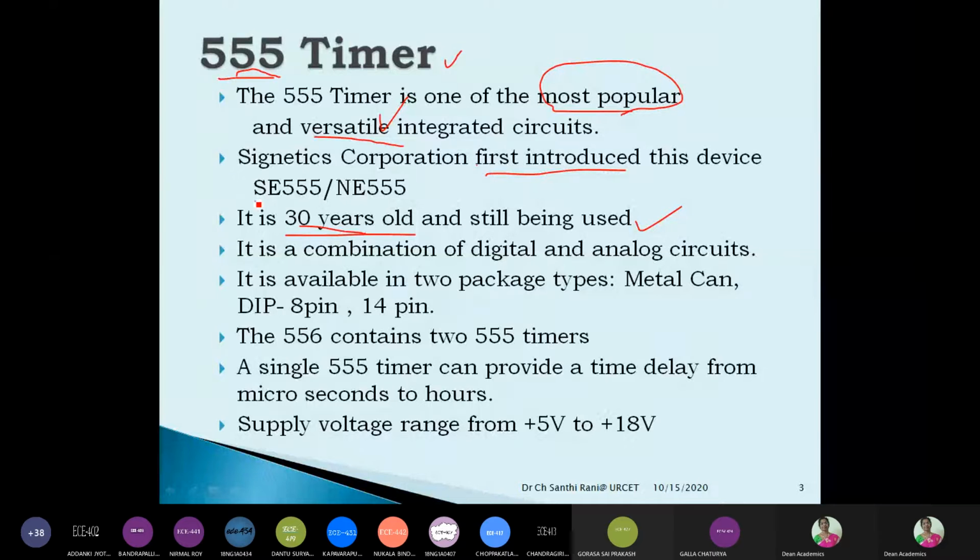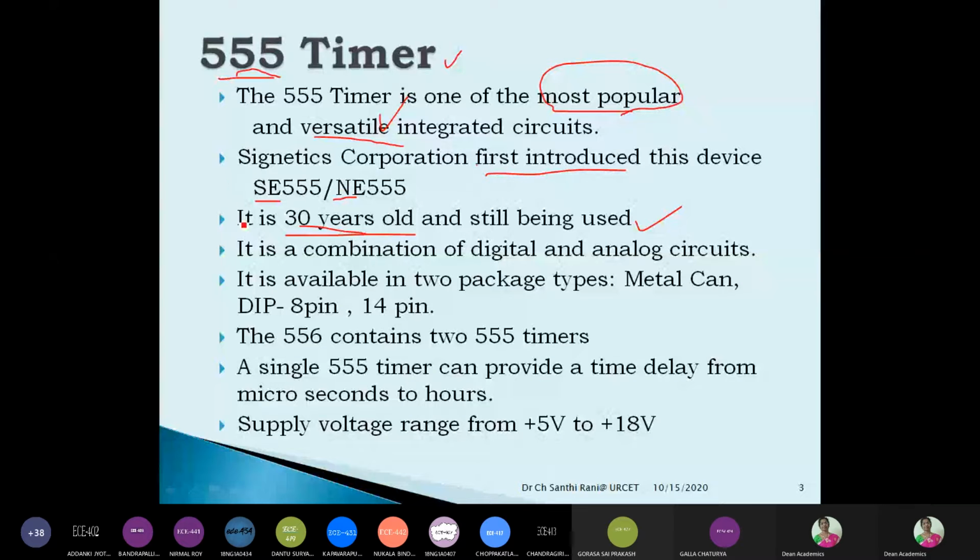That's why the manufacturer's designation SC or NE is there for this 555 timer. So it was first introduced by Signetics Corporation, and SC555 or NE555 is the name given, the manufacturer's designation letters for each type of manufacturer. Then Motorola MC, Fairchild, uA, like that.